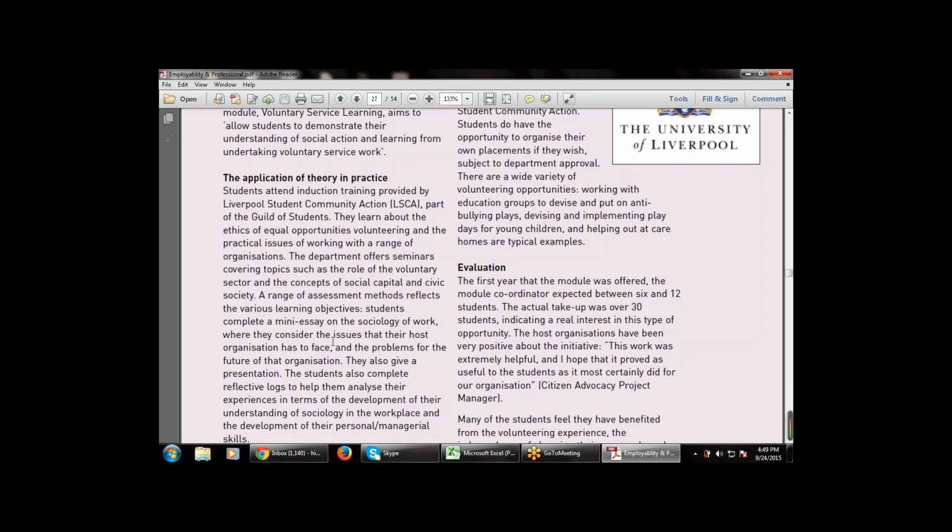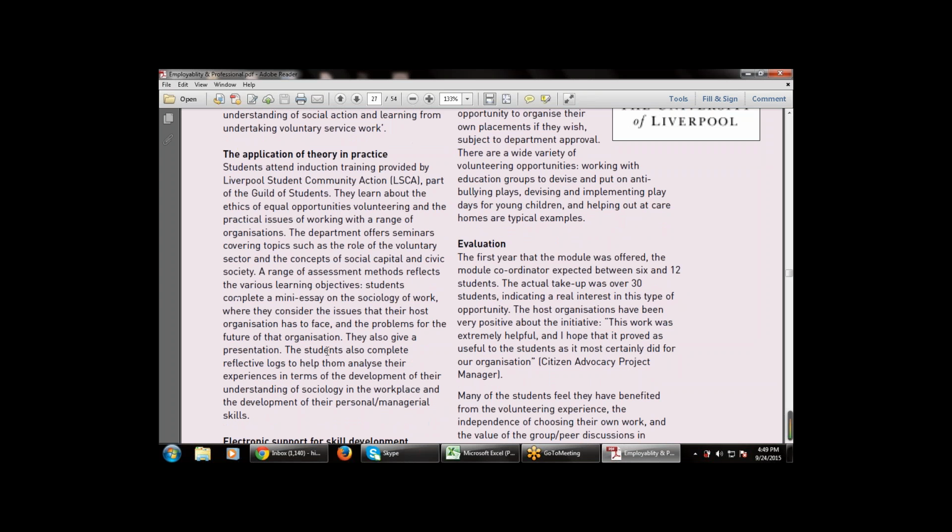The students can also complete reflective logs to help them analyze their experiences in terms of the development of their understanding of the sociology of the workplace and the development of their personal and managerial skills.